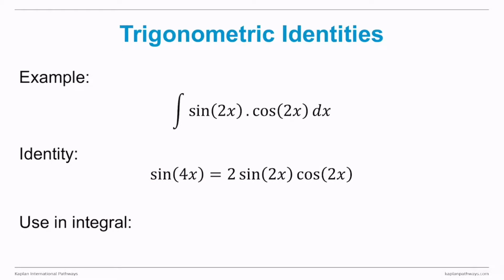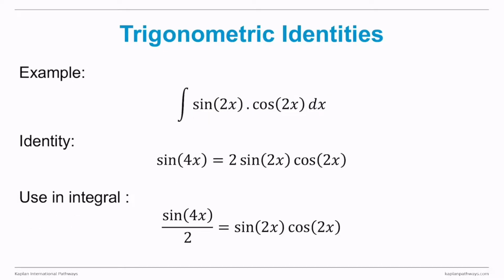So why are we doing all this? Because we just want to use something to replace this. We end up with sine 4x divided by 2 equals sine 2x cosine 2x.